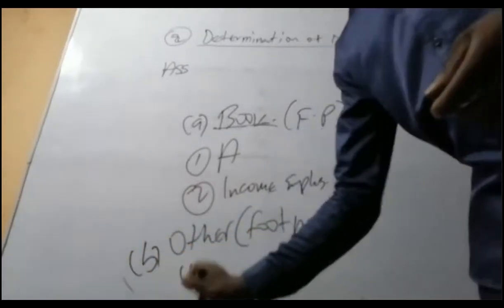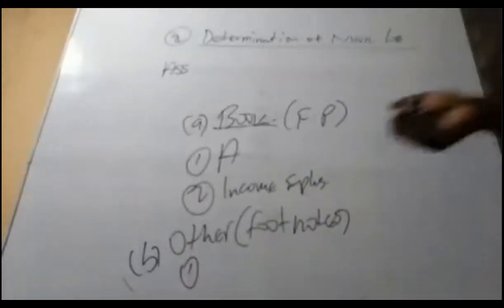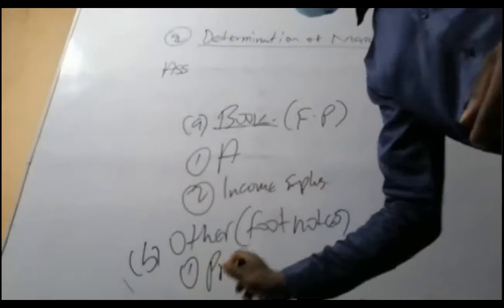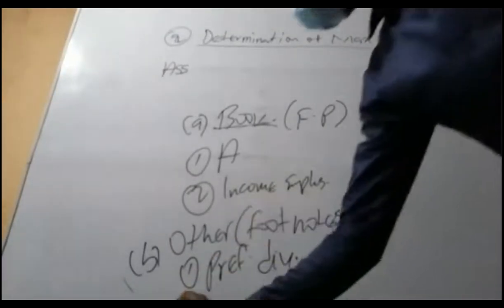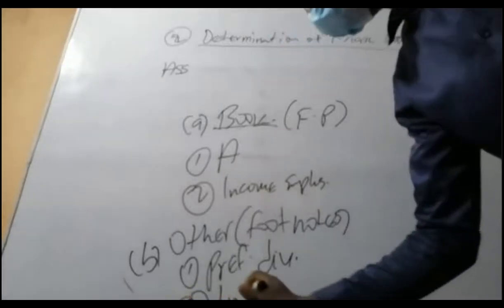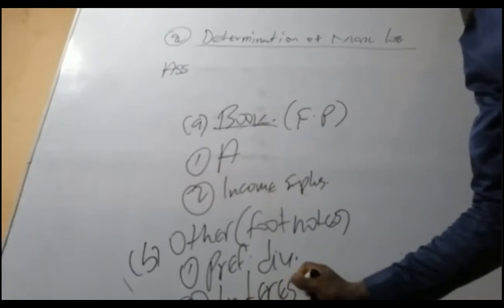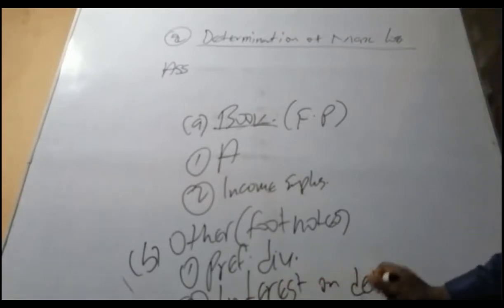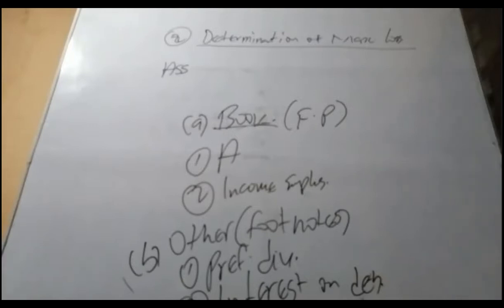Number one is the preference dividend in arrears. And then two, interest on debenture in arrears. So these are the losses that we have to claim from the books.